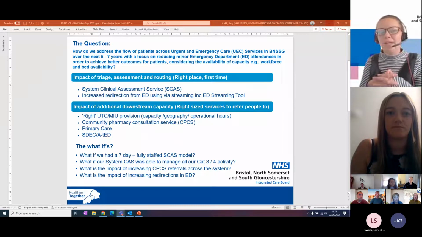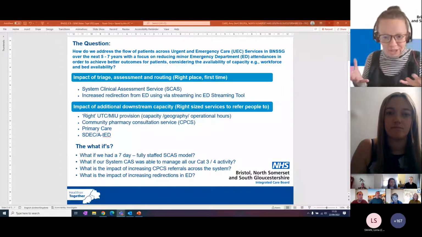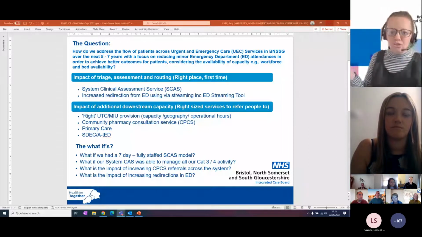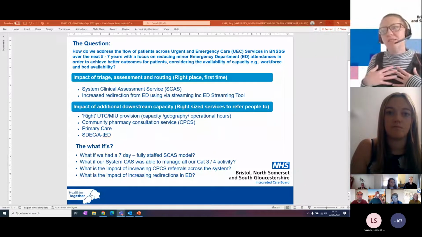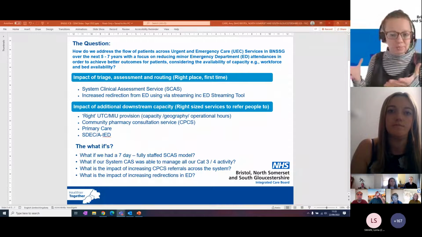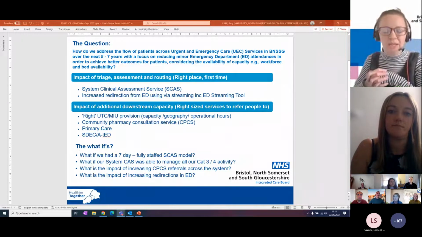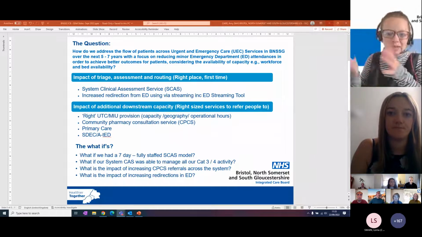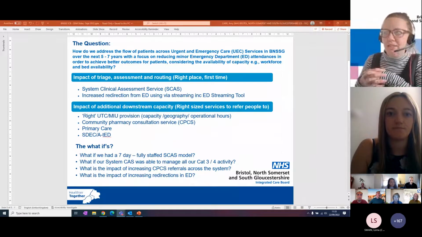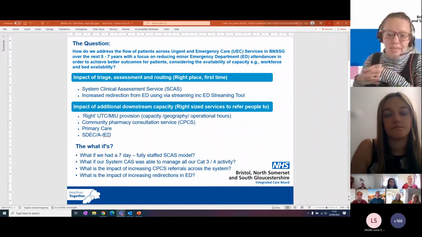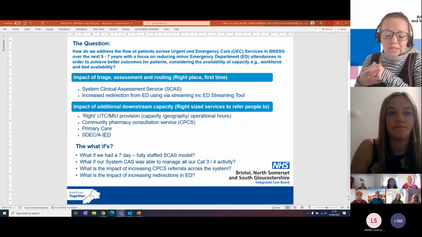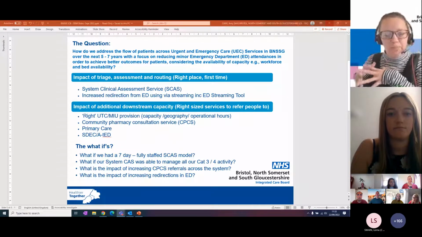First, the impact of triage, assessment and routing: when patients enter our systems, how do we stream them to the right services? We have our clinical assessment service, connected to our NHS 111 activity, which can redirect patients across our system, via our existing streaming mechanisms and also the ED streaming tool, which we are looking to implement in our system.